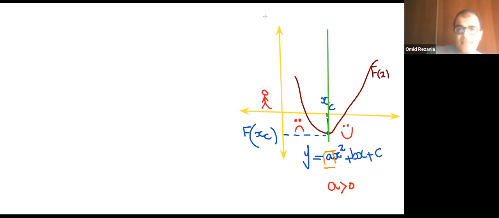We saw that this line, if I write it, is x equals xc. This line also serves as a symmetry line with regard to this wing of the plot and this wing of the plot. Although my plot is not very symmetric because I was not so careful when I plotted this one. But we also talked about the symmetric behavior of the plot with respect to the vertex line.